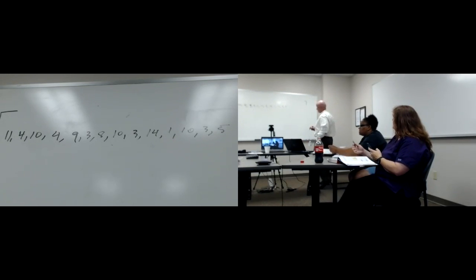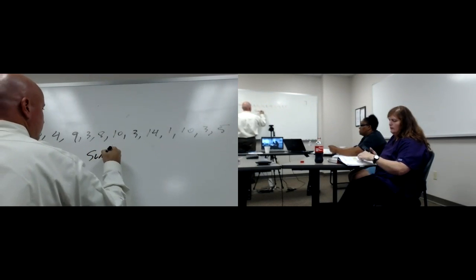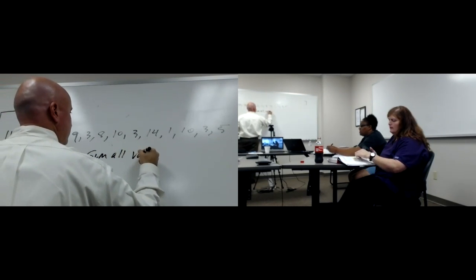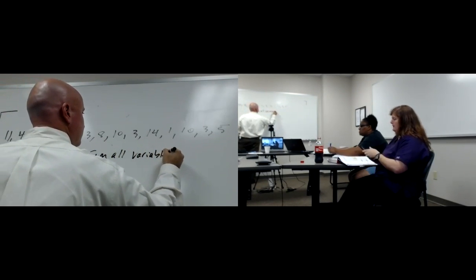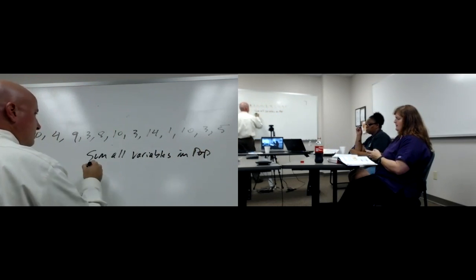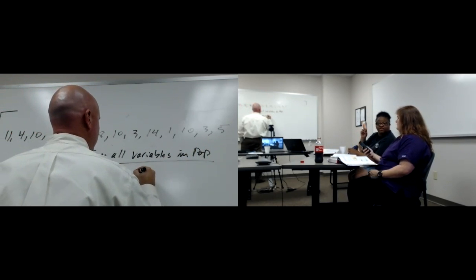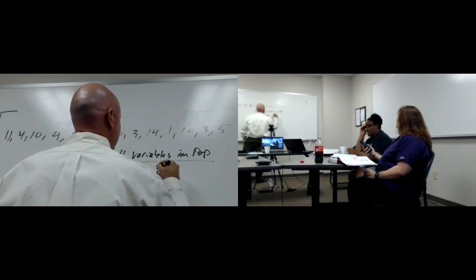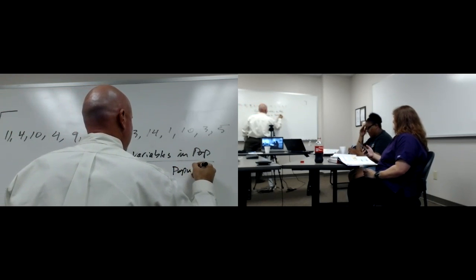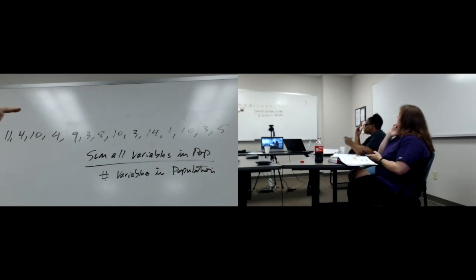How many numbers are there? 14. So we're going to sum all the variables in the population divided by the number of variables in the population.